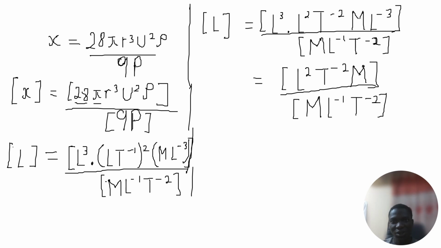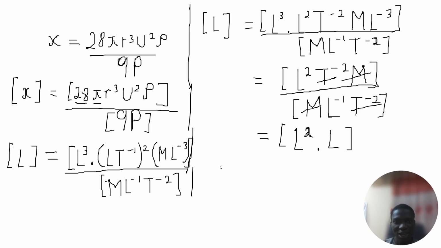You can agree with me that this will cancel this, while this will cancel this. And this L raised to the power minus 1 can go up, so it becomes L raised to the power 1, and we have L squared multiplied by L.